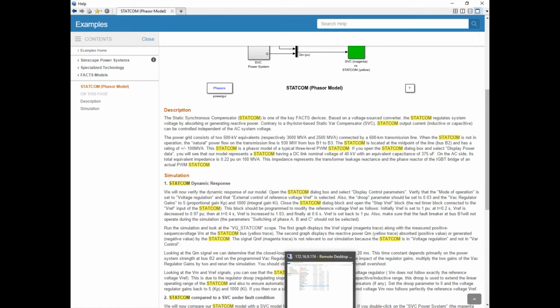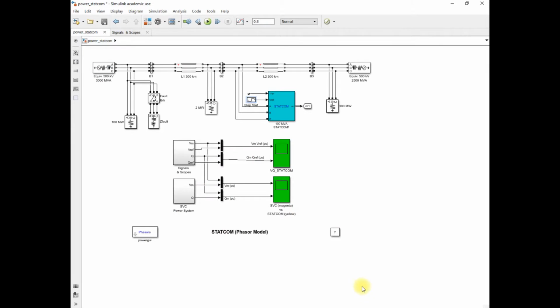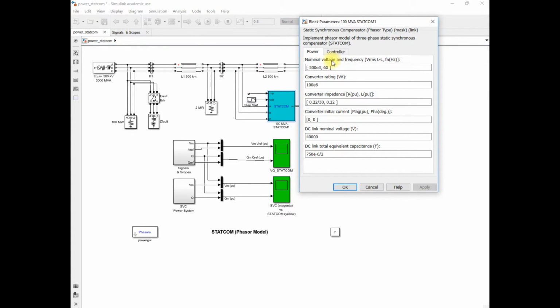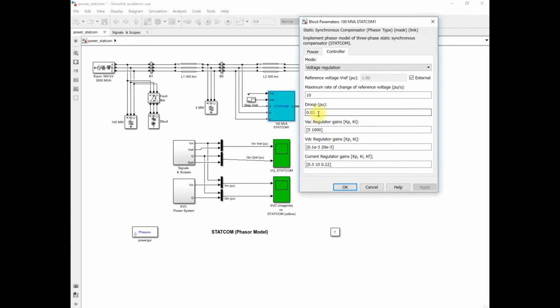The droop value represents the droop reactance of the STATCOM, the same as the droop reactance in the SVC we have seen in the VI characteristic. So you can see that here in the controller the droop reactance is given, 0.03, and the AC voltage gain is given, proportional gain and integral gain, that is 5 and 1000.